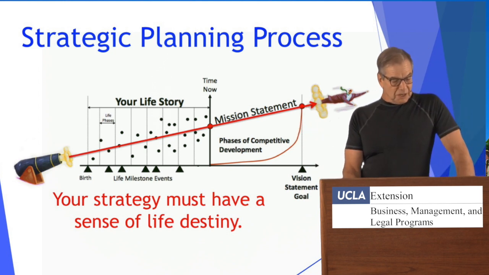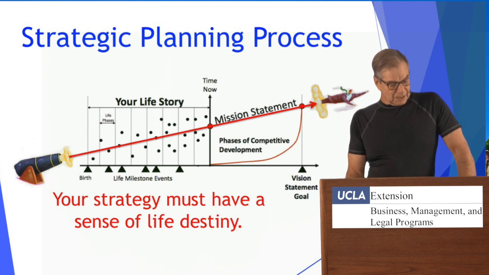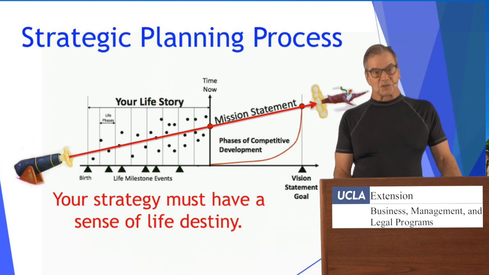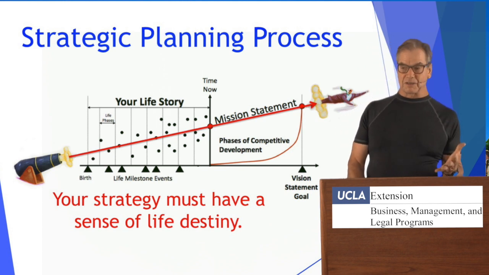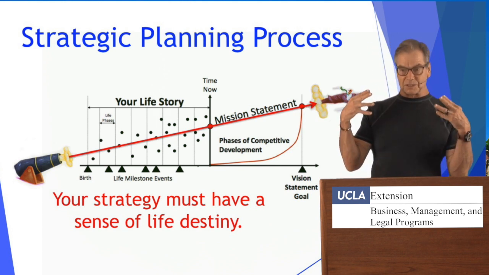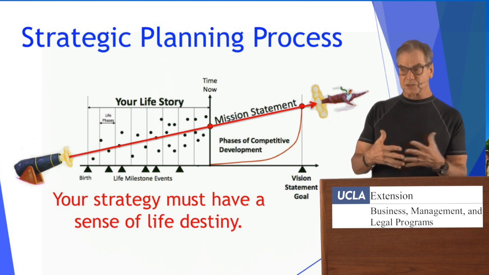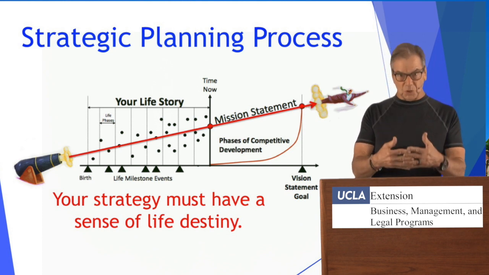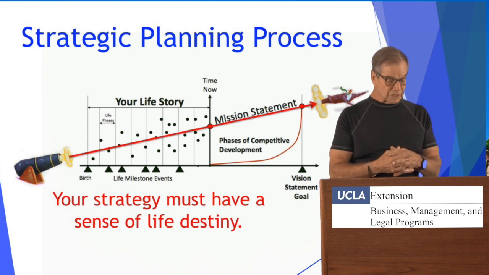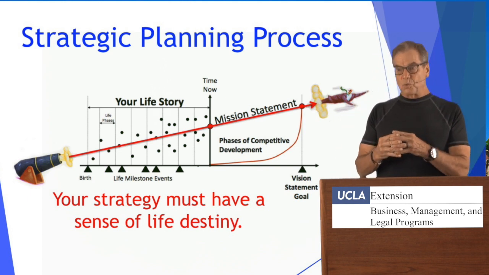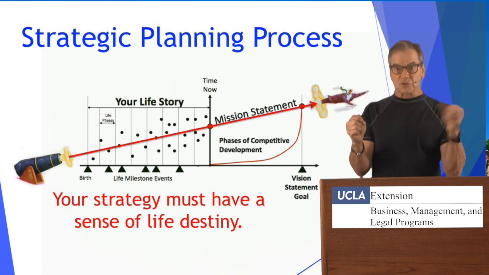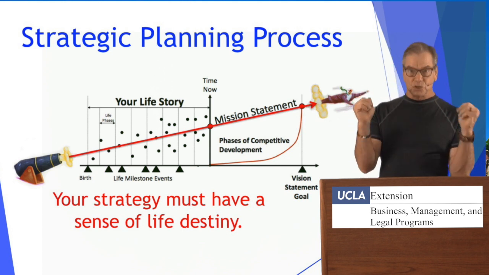Your strategy must have a sense of life destiny, and so you're going to find as we get into it, that psychological type, the Myers-Briggs, deals with innate personality traits. Same thing with the strong interest inventory. And so things that are innate, we just do, like signing your name with your right hand versus your left hand. You don't even think about it, you just do it.